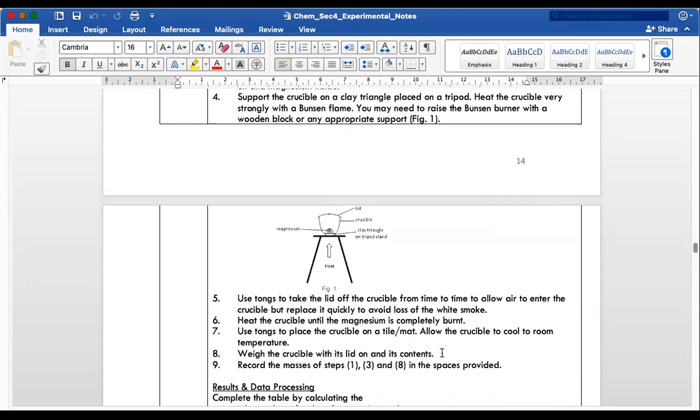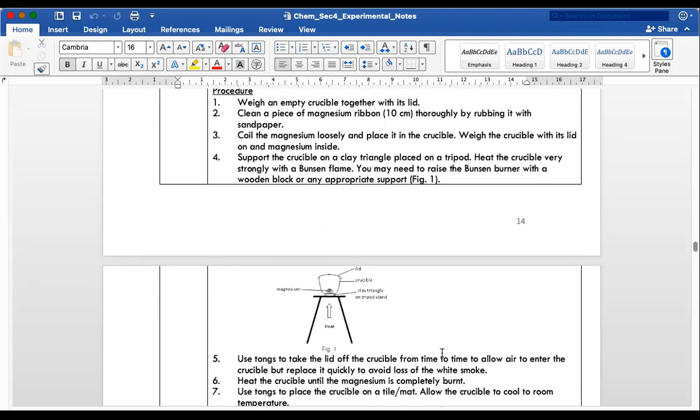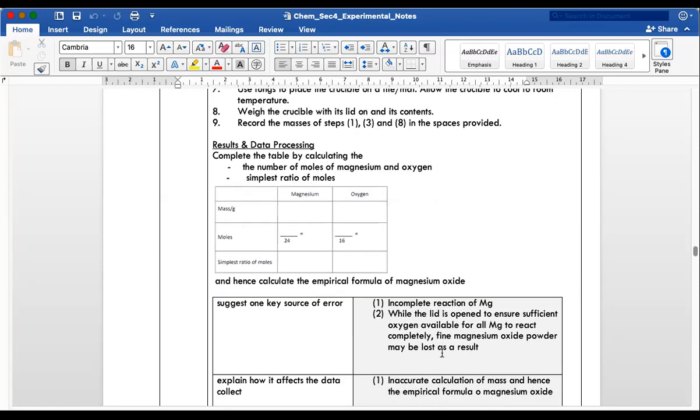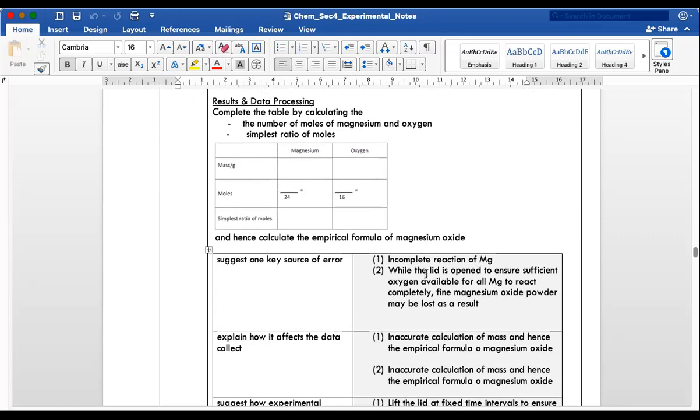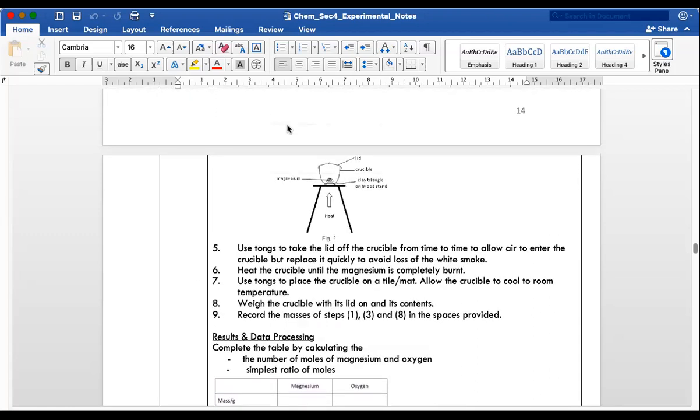For empirical formula type of question, it depends on the question itself. So you have to really understand what you have been doing and what are the possible errors that could have been committed throughout the experiment procedure. One error could be incomplete reaction. So the magnesium may not be completely reacted.